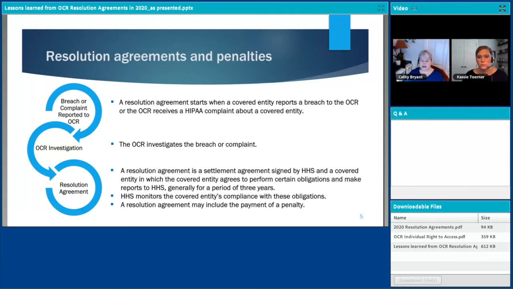Just read recently that breaches of large numbers, greater than 500, were up 25% in 2020 over 2019.